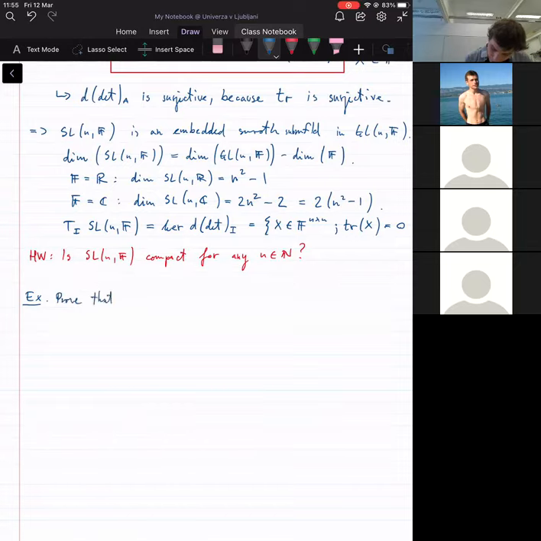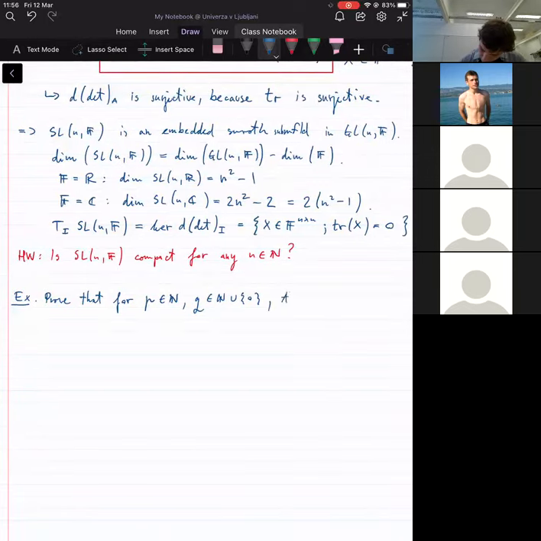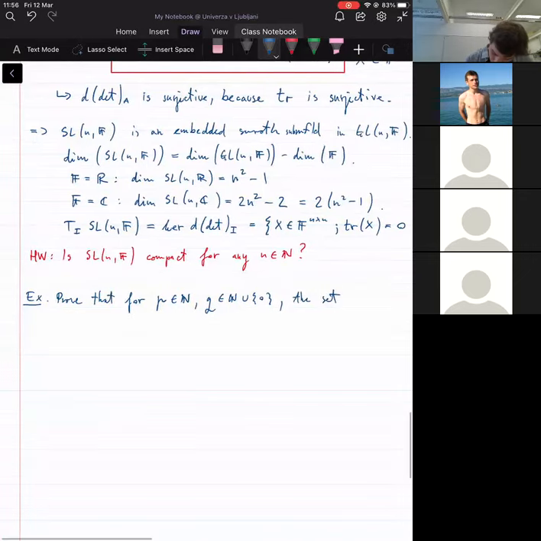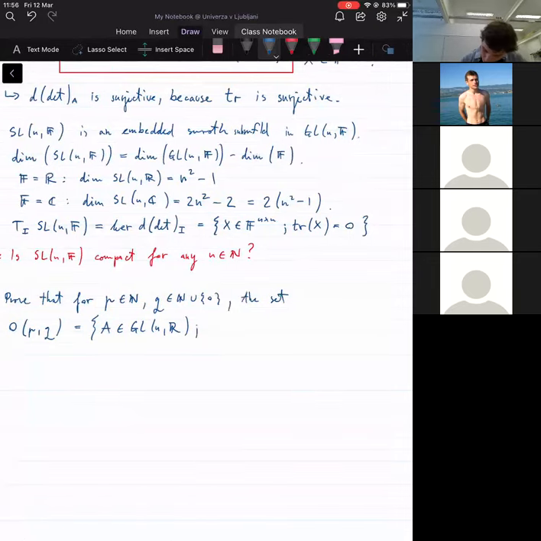Prove that for p in natural numbers and q from natural numbers union 0, the set O(p,q), which is equal to A in GL_n R, such matrices for which the equality A transpose eta A equals eta holds.